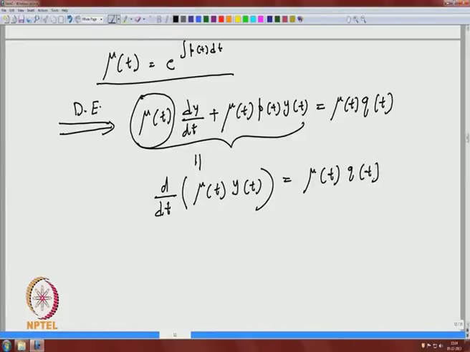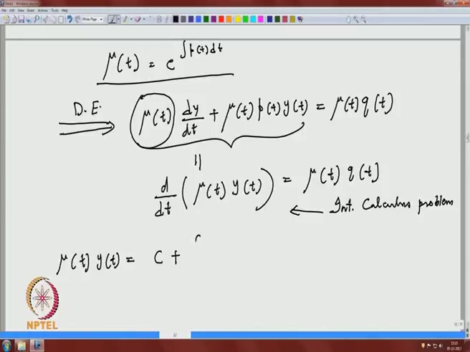So, this is an integral calculus problem. And you can immediately write down mu t y t is equal to a constant if you want it, plus integral of mu t q t.